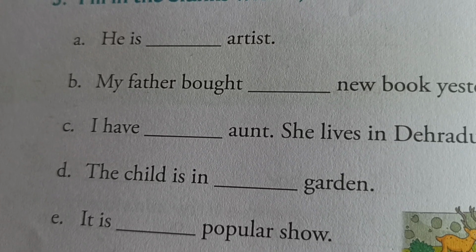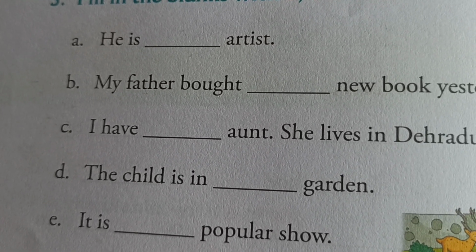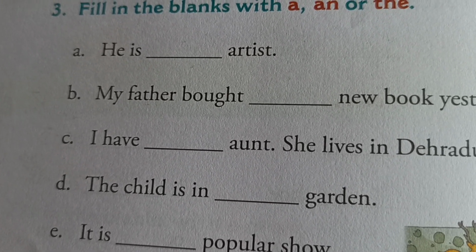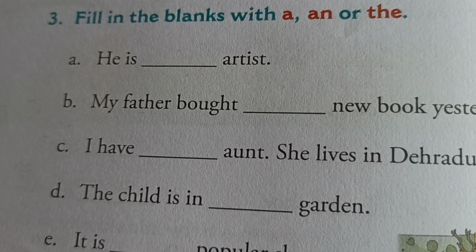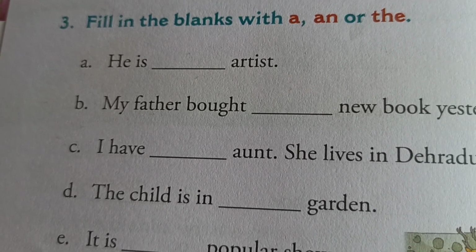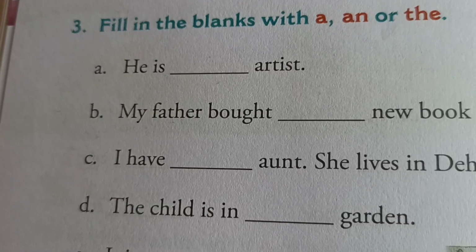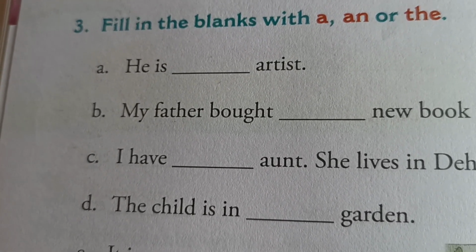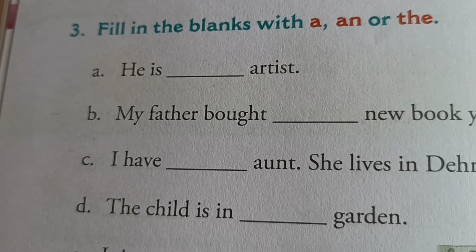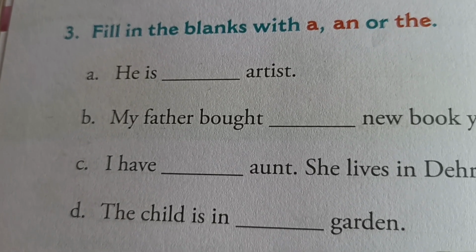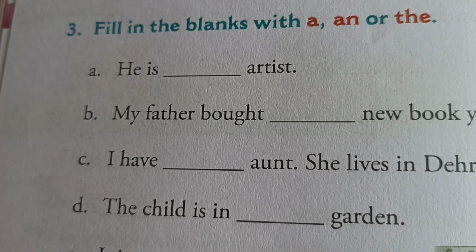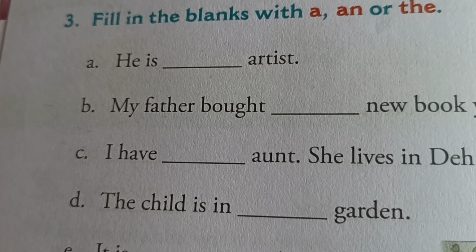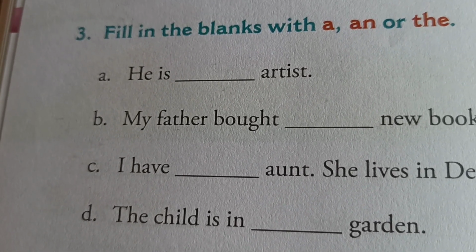Next one: I have dash dash aunt. This is about one person, aunt. A-u-n-t, it starts with a vowel sound, so we use the article "an".